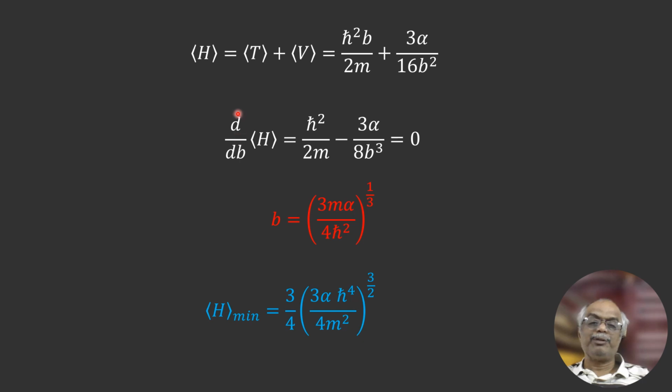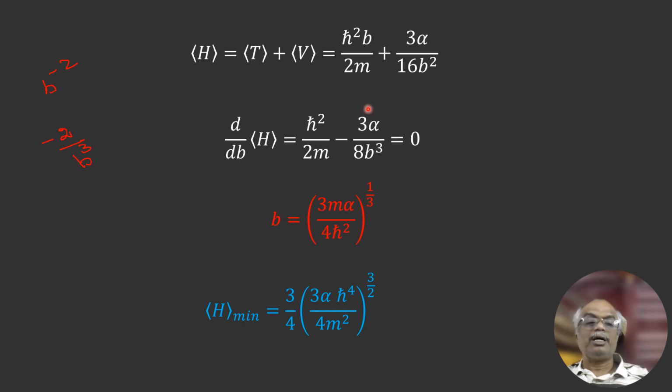Now, if you differentiate this in order to get the minimum value, it must be equal to 0. So, the first term will become h cross squared over 2m. The next term, the 1 over p squared can be taken as p minus 2. If you differentiate this, you will get minus 2 p power minus 3, which can be written as minus 2 divided by p cube.